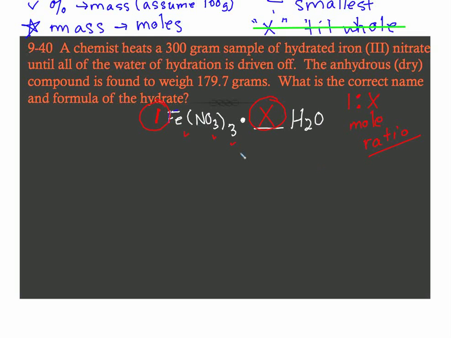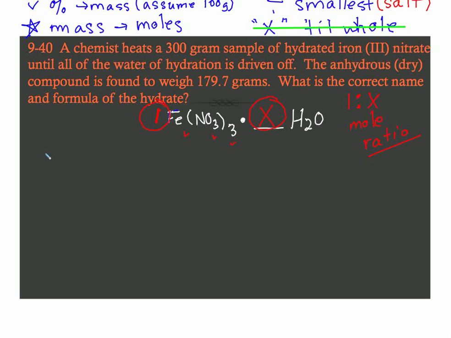Now, in this case, the salt will always be the smallest because it's always one salt to a whole number of waters. I've seen a half before, but you will not see a half there. So your little sing-songy phrase, percent to mass, mass to moles, divide by the salt, falls flat on us there.